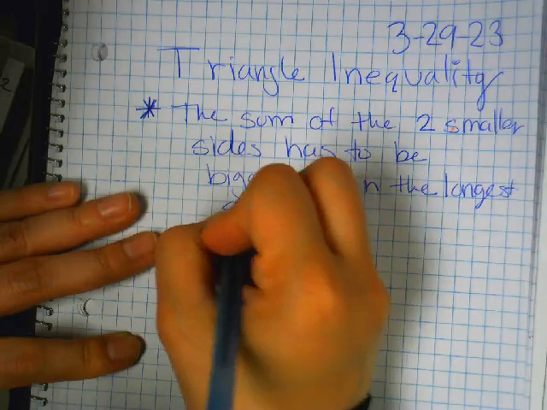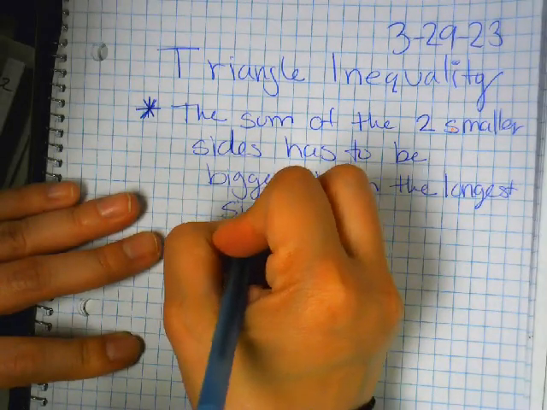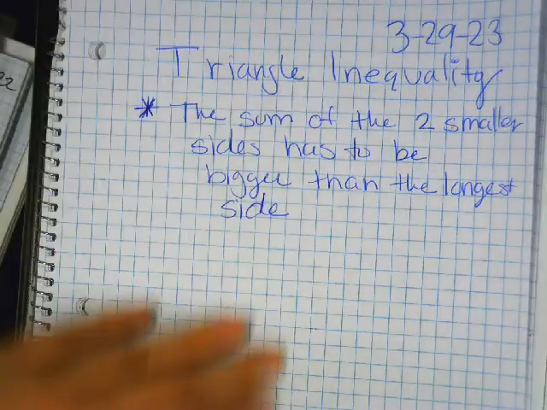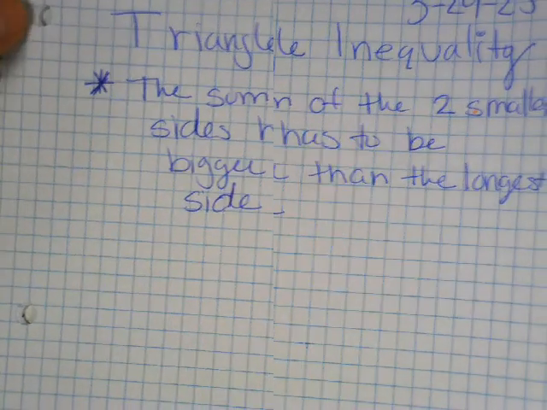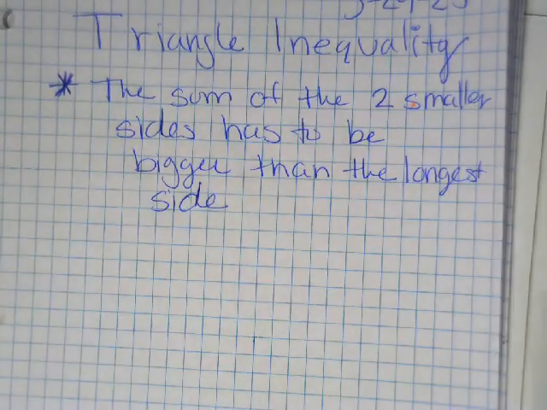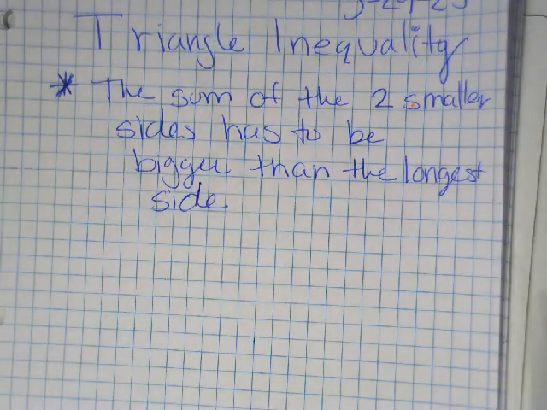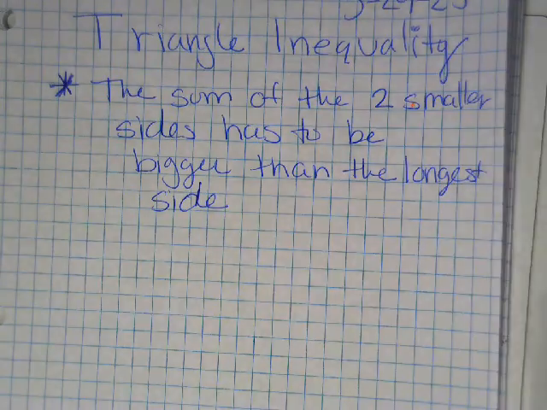Now, it might not make sense to you right now, but it will once I break it down. So the two smallest sides have to add up bigger than the longest one.